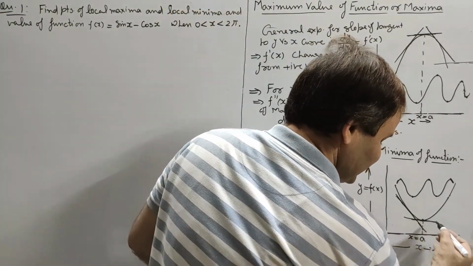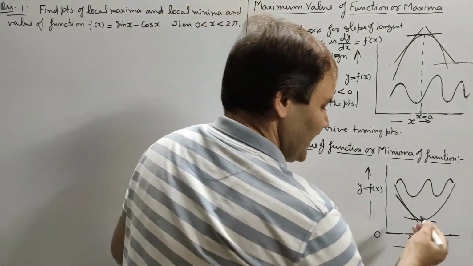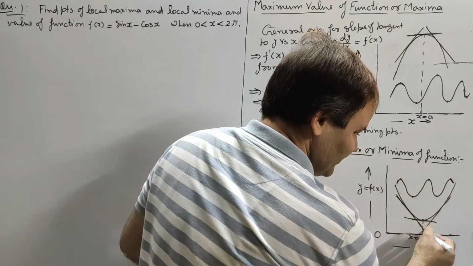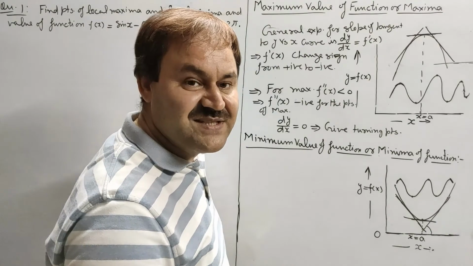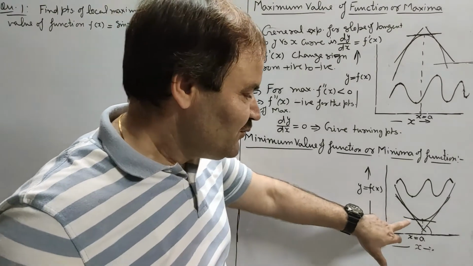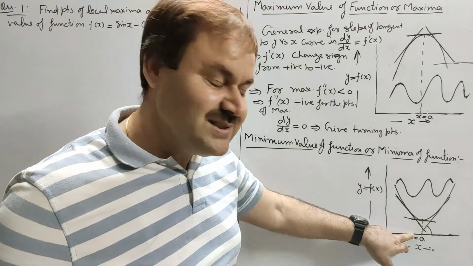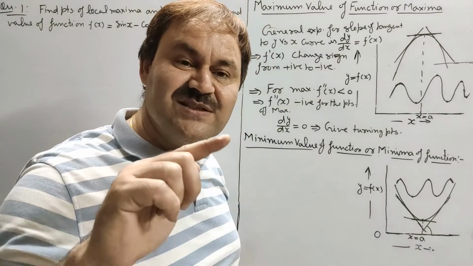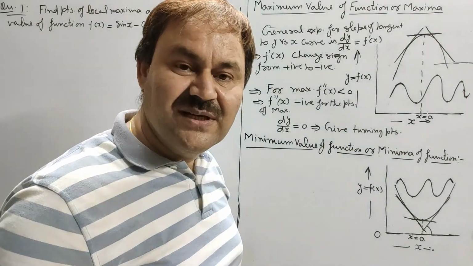At a, dy by dx, that is the slope of the tangent to the curve, will be 0, and after point a, if we draw a tangent to the curve, then the tangent will make an acute angle with the positive x-axis, that is the slope of the tangent to the curve will be positive. It means for a point of minima, the slope of the tangent to the curve will change sign from negative to positive. It means the slope of the tangent to the y versus x curve will be continuously increasing.